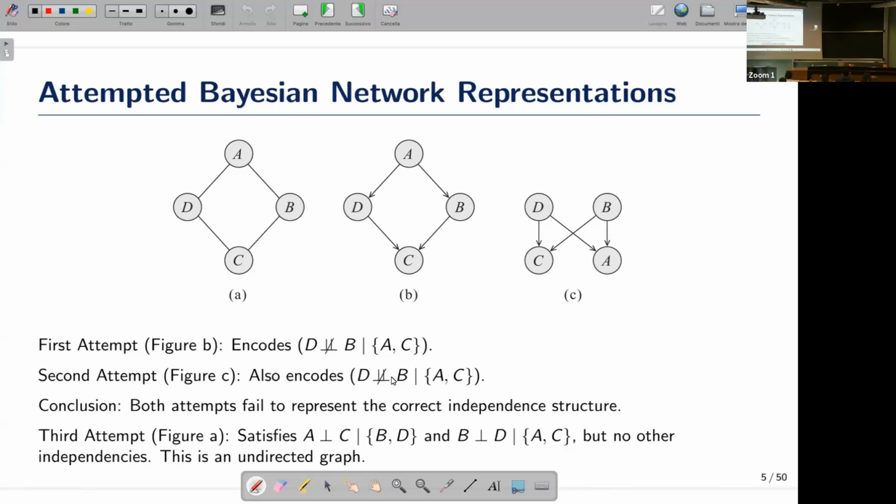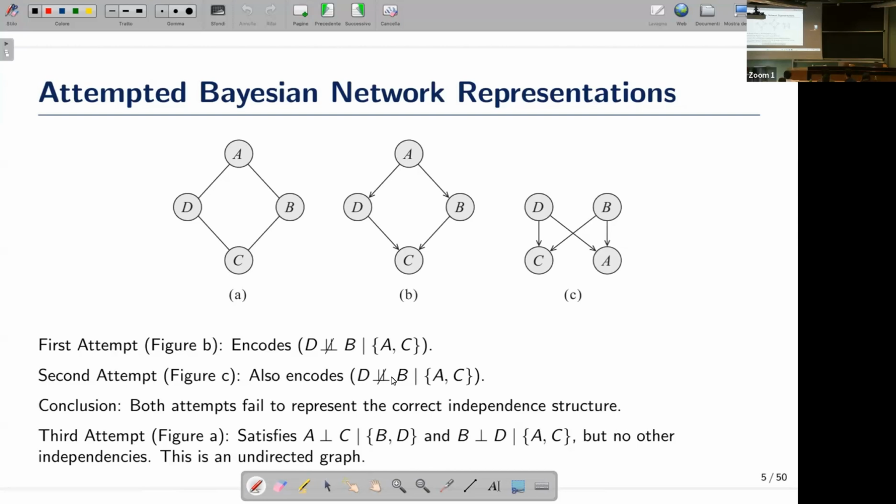So the problem is, look at this. For example, D and B, we said that they should be conditionally independent given A and C. Now, do you remember the definition of d-separation? Yes.